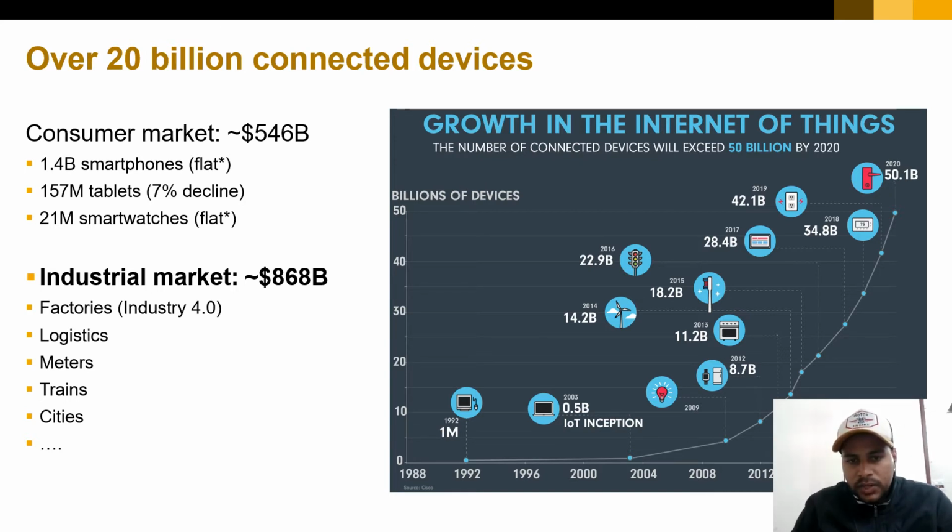They were 1 billion in 1992, then 0.5 billion in 2004, about 10.8 billion in 2009, 28 billion in 2012, and in 2020 almost 50.1 billion devices connected and sharing data, having smart technologies, able to communicate among themselves.